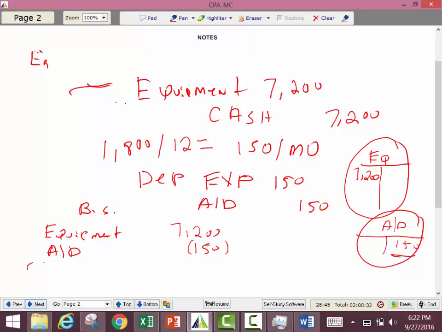Okay. Then what do you want me to put down here? The difference. I'm going to call this the book value, or I could call it carrying value, net book value, whatever. Book value of what? 7,050. Right? I think so.